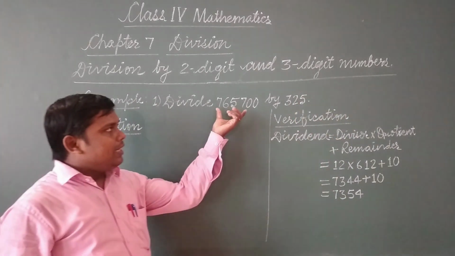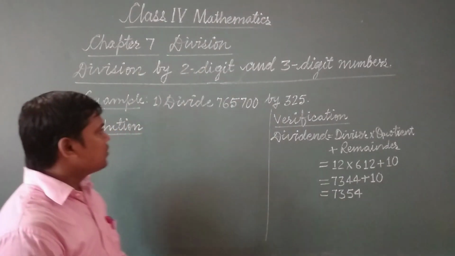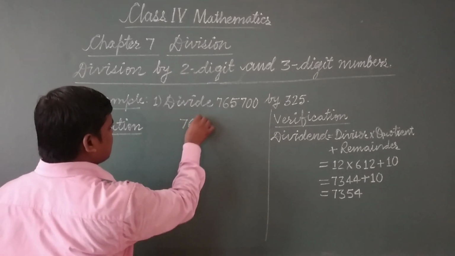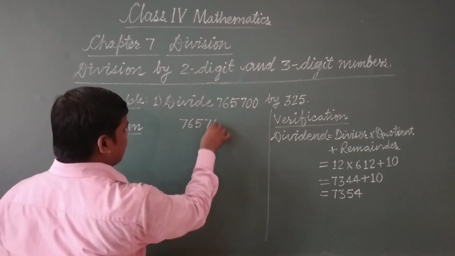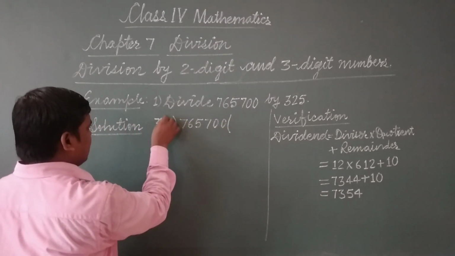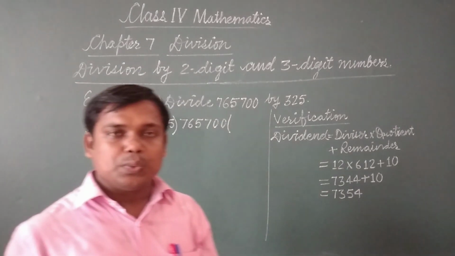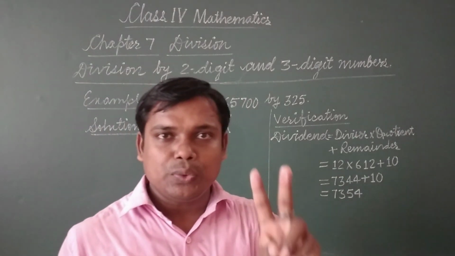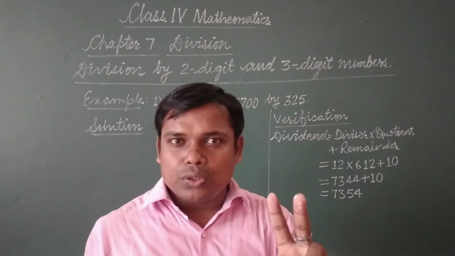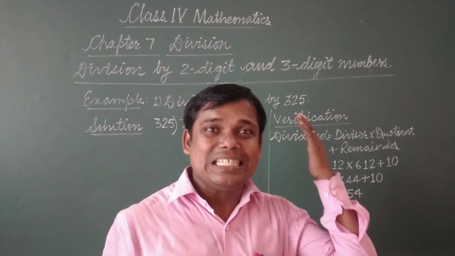Now I am going to divide a number by a 3-digit number. Try to understand. We again write the solution: 7,65,700 in the bracket, and then 325 here. As in the previous case, we had division with a 2-digit number, so we were taking 2 digits from the extreme left of the dividend.